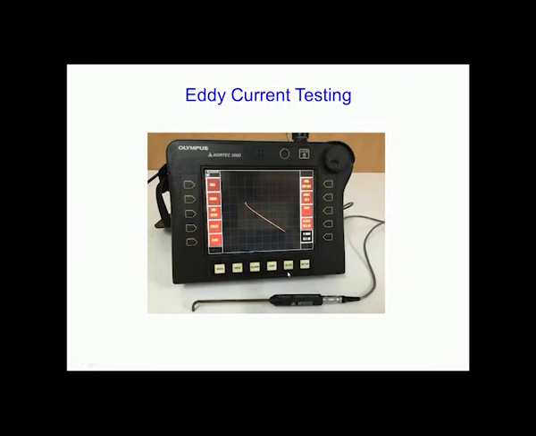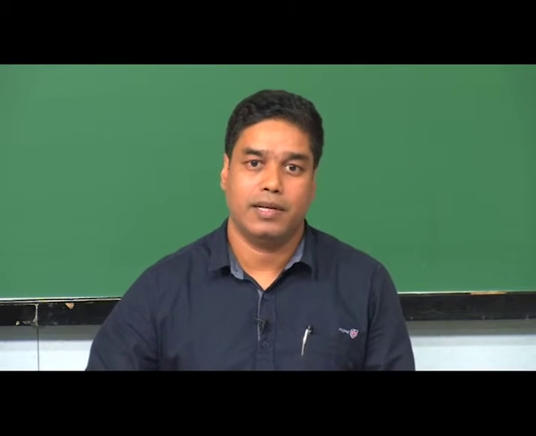And then we have seen there are different types of probes, and with the help of these probes, when you connect them to the instrument, you see the lift off curve, and if there are flaws or defects, they will give a signal which will come over this lift off curve, as we have seen for one of those artificial flaws which represent cracks.